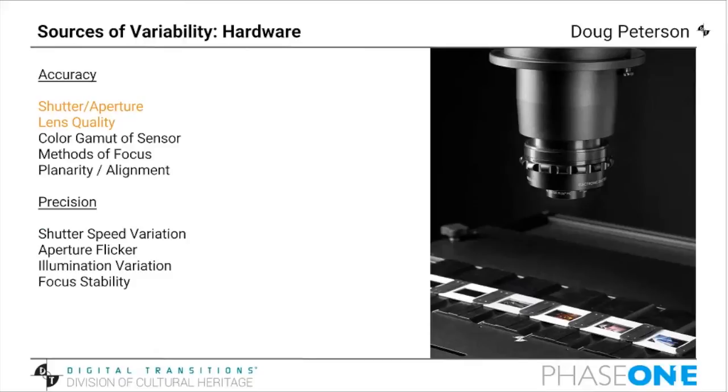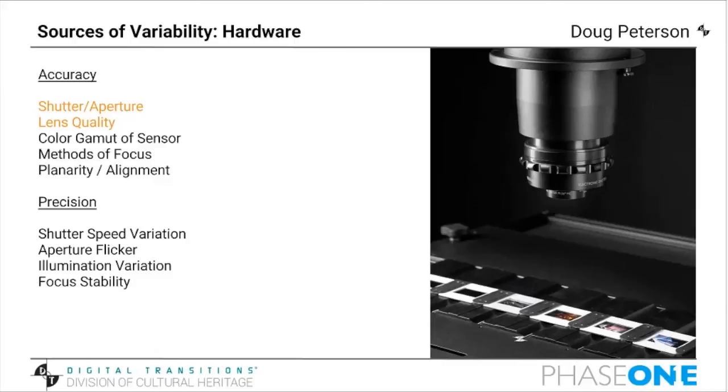So instead of going through every single one, we're just going to highlight 3 of these. To start off with, let's talk about the shutter, aperture, and lens quality. The shutter and aperture of most general purpose cameras is not meant for absolute precision and absolute accuracy. It is meant for flexibility in a variety of different circumstances that general photography cameras come into play for.